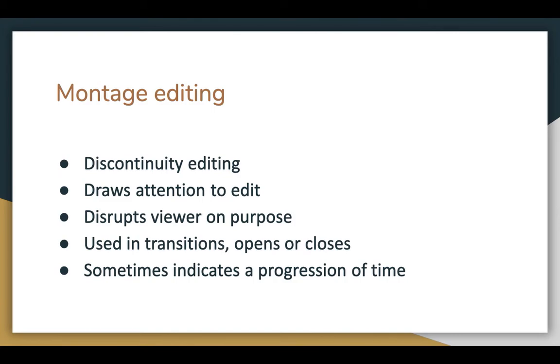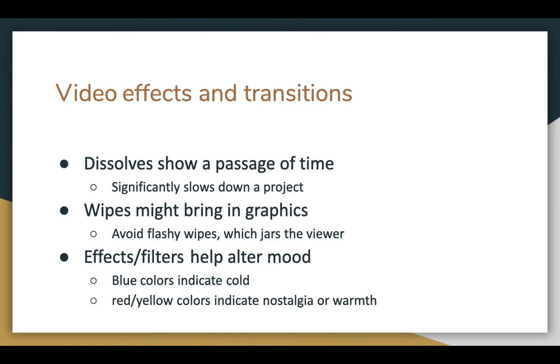So if you want to kind of speed up someone doing something, then you would use montage to show that. So this is where this person was then, and then speed up to this is where this person is now. So a lot of students, because we can do it in Final Cut Pro and some of our digital video editing systems, will show a passage of time using those dissolves, but it does slow down your project.